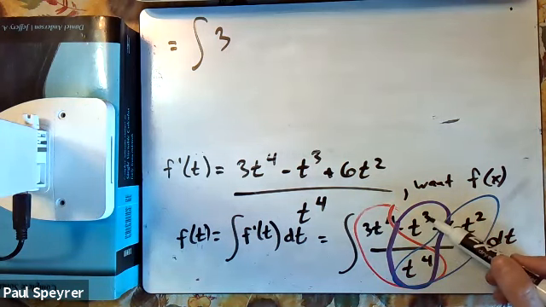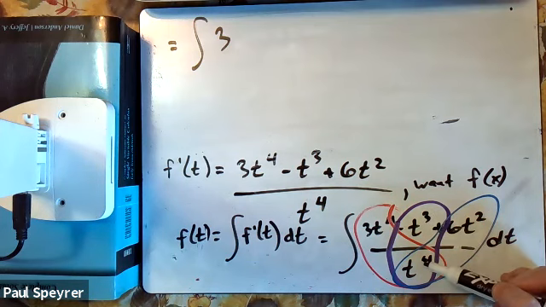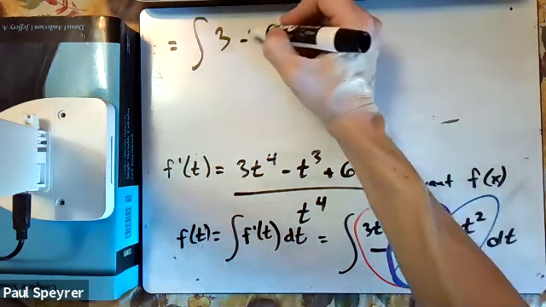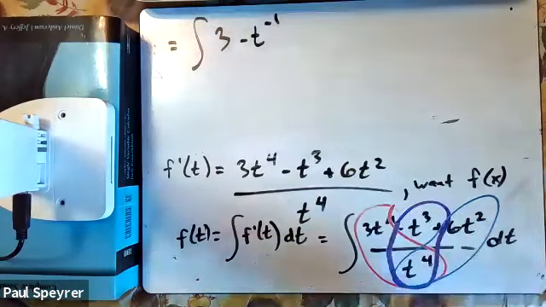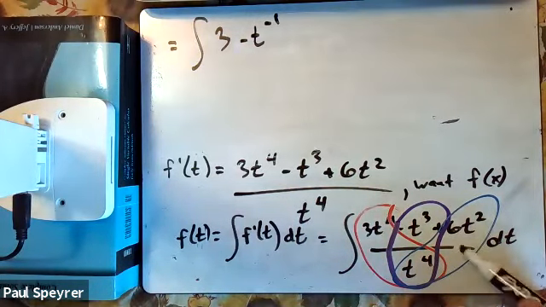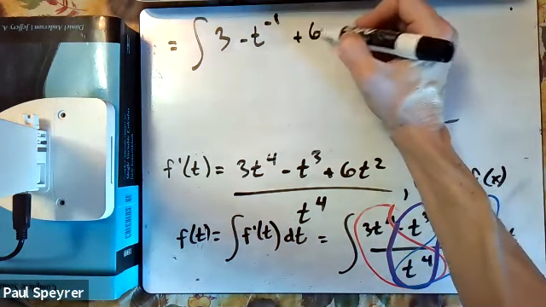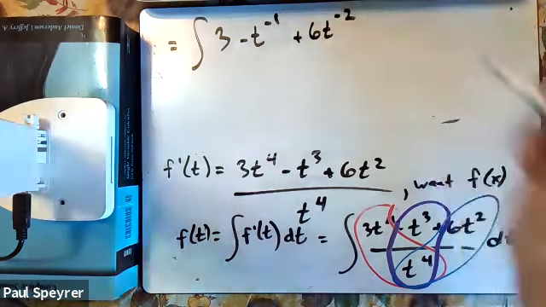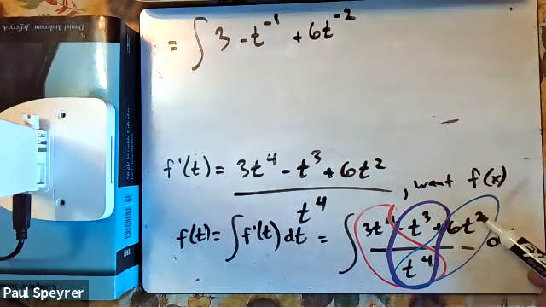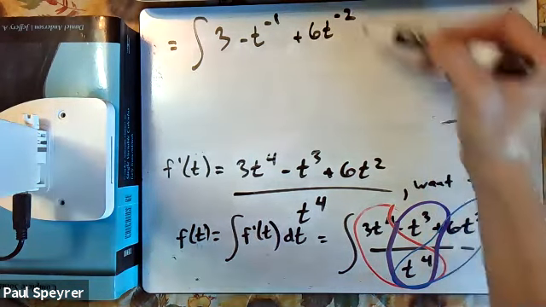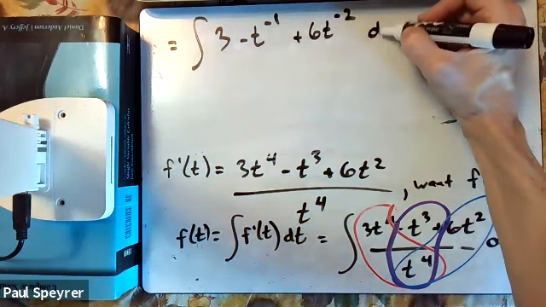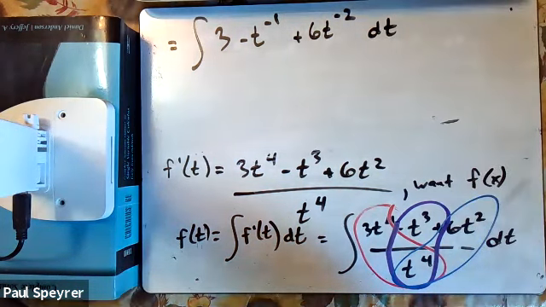What's t cubed over t to the fourth give us? That would be minus t to the negative 1 power, because you do top exponent minus bottom. What about 6t squared divided by t to the fourth? That is 6t to the negative 2 power, because 2 minus 4 is negative 2. And then we have dt right here.